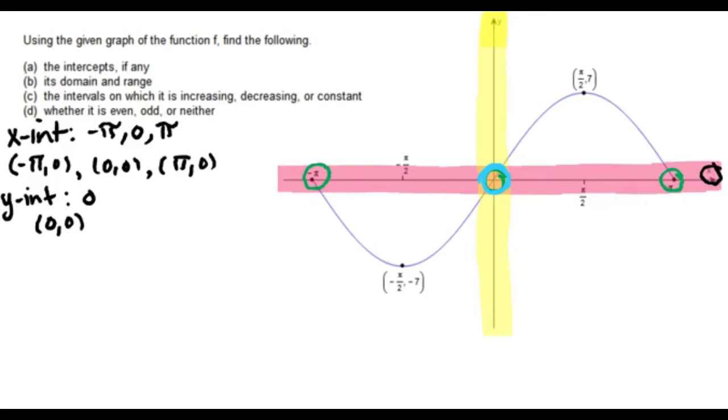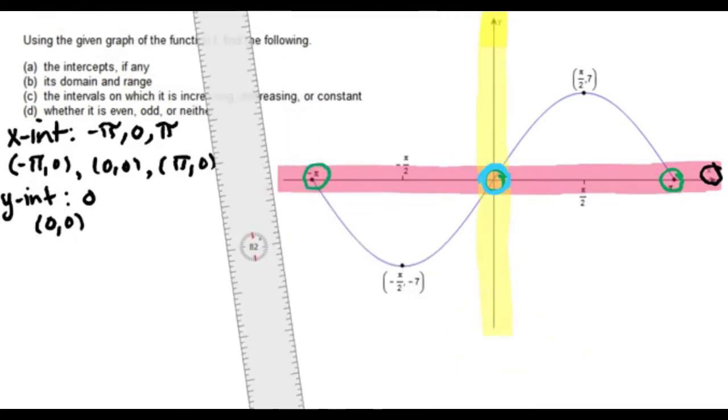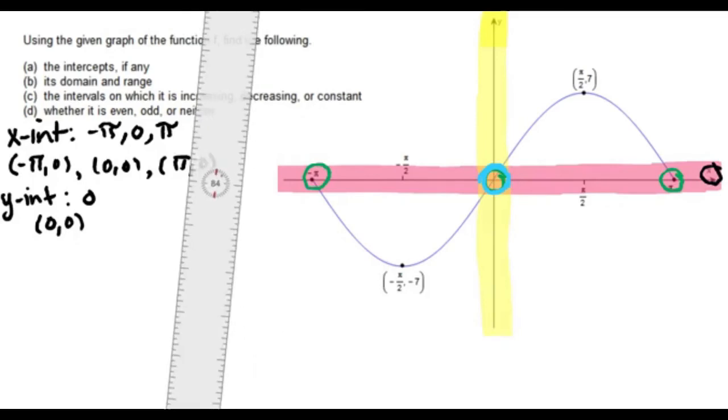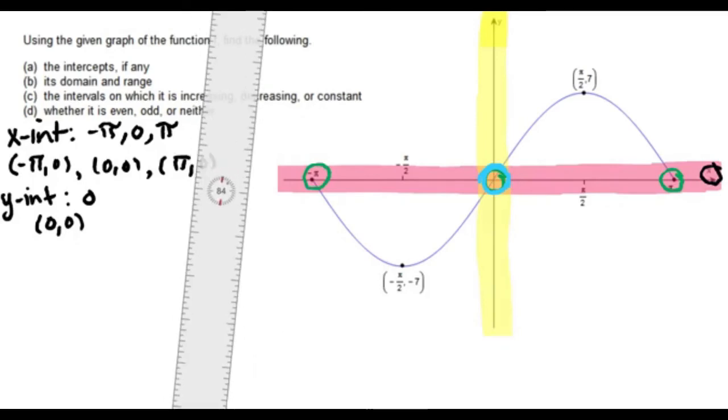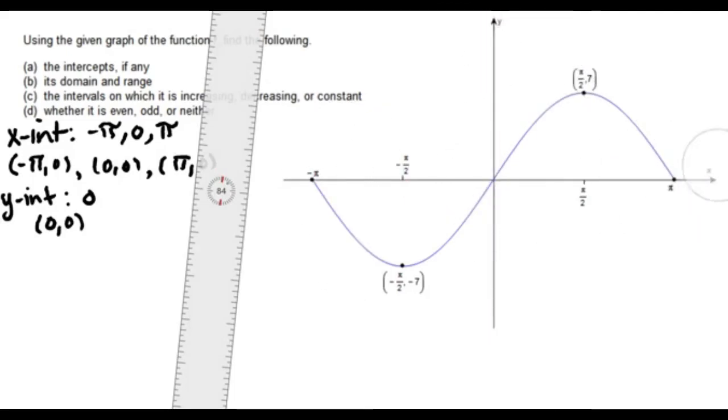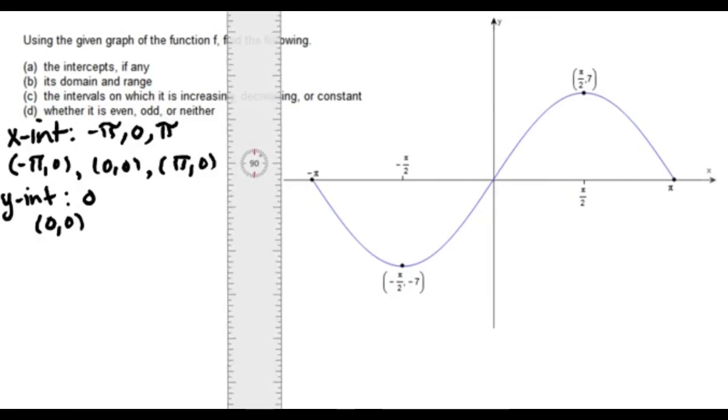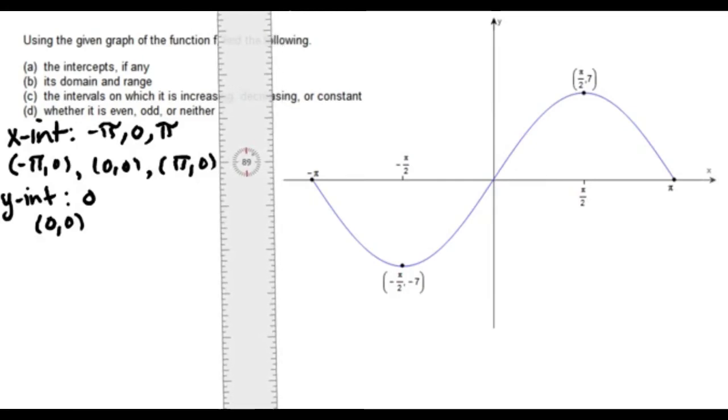So let's move on to finding the domain and range. Now the domain is defined to be the set of all x's. So I'm going to use my ruler, and I like to hold the ruler vertically. Maybe before we do this, I'm going to erase all these markings. Okay, so with my ruler, I'm holding it vertically to find the domain.